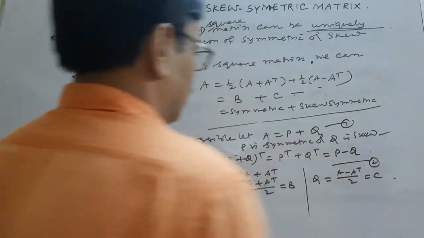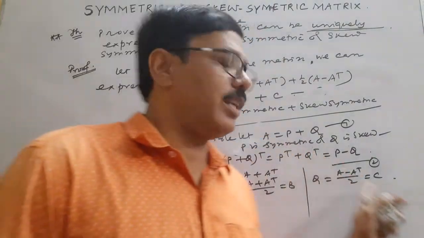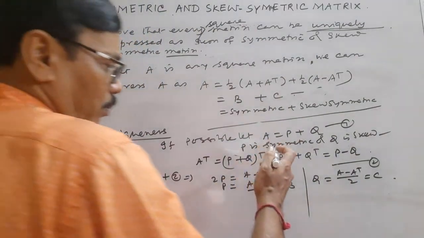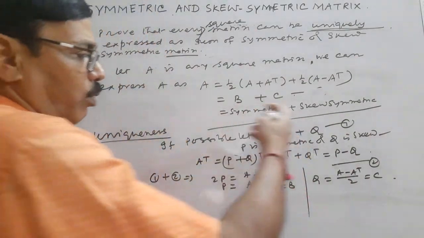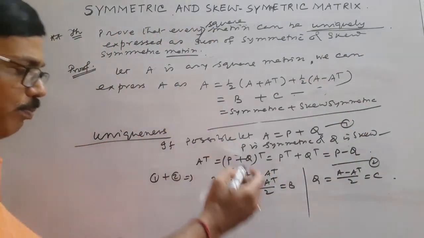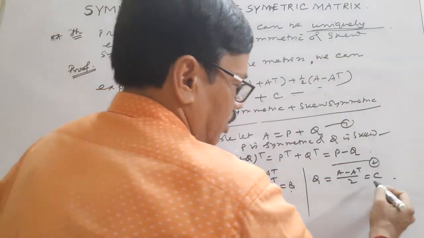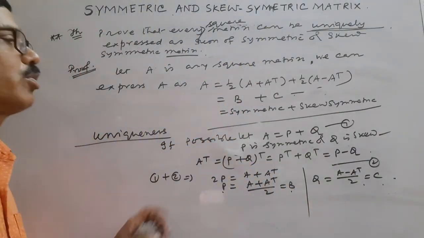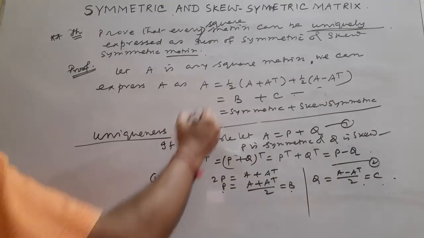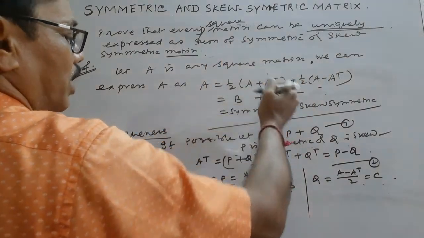This is C. So P and Q are another form, symmetric plus skew symmetric, but we have proved P equals B, Q equals C. So we are getting the same combination. That is why it can be expressed uniquely.